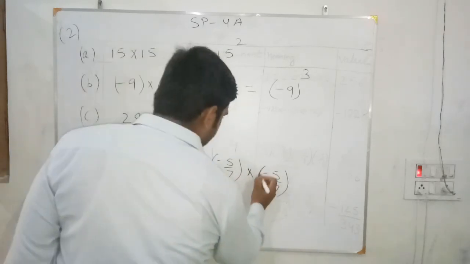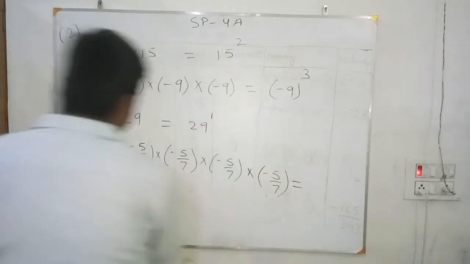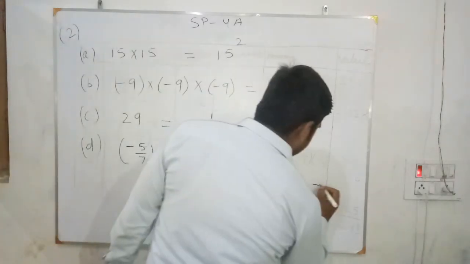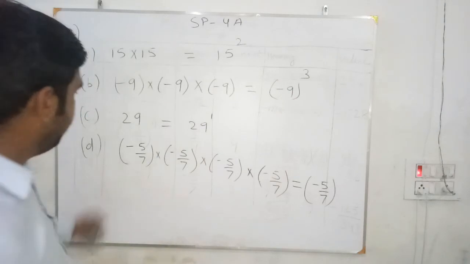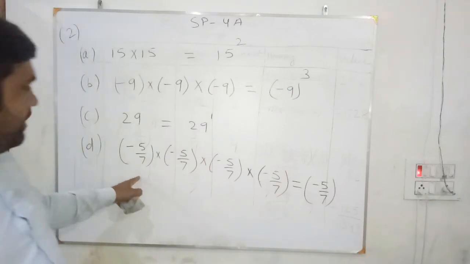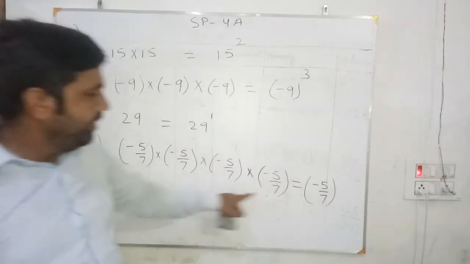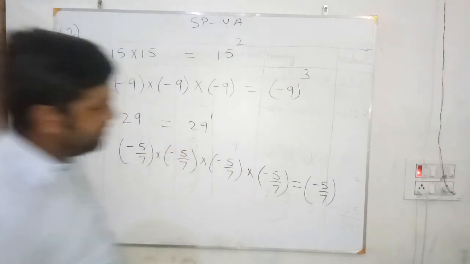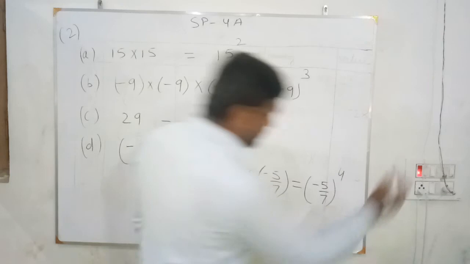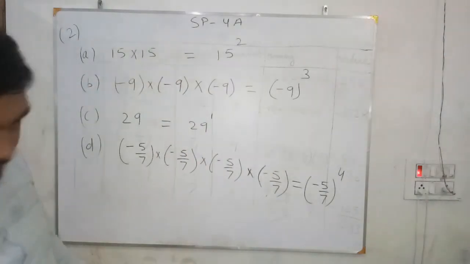So in this question, the base is minus 5 by 7, and this base is multiplied by itself, you can see how many times: 1, 2, 3, 4. Now this base minus 5 by 7 is multiplied by itself 4 times. So the exponent will be 4.